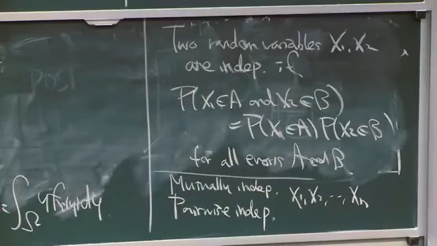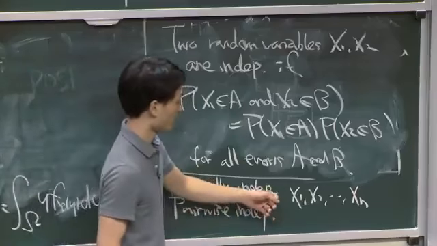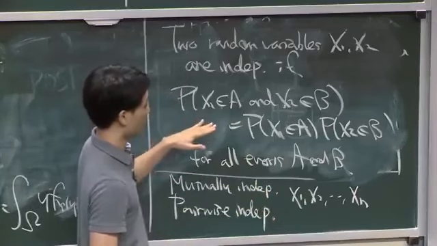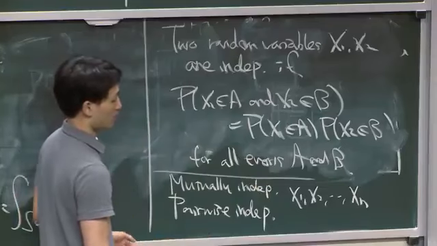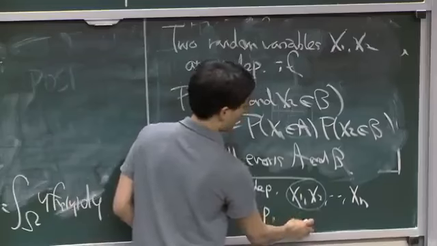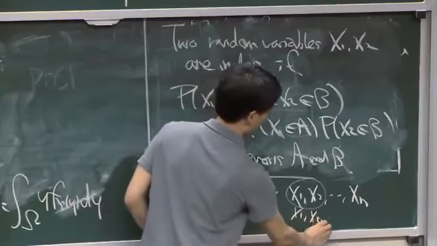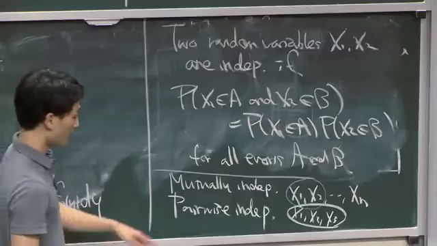Yes? So mutually independent means all the random variables are independent, like X1 is independent of every other. But pairwise means X1 and X2 are independent, but X1, X2, and X3 may not be independent. Okay, maybe. Yeah, so that's good.